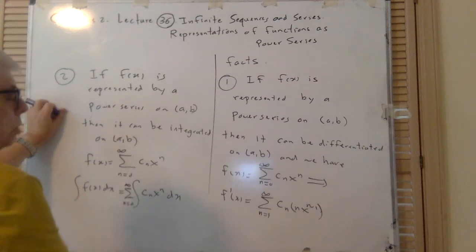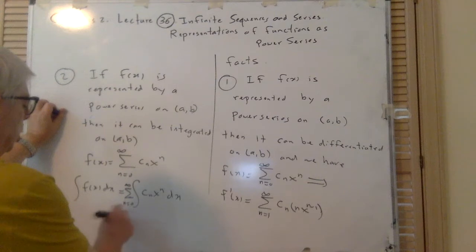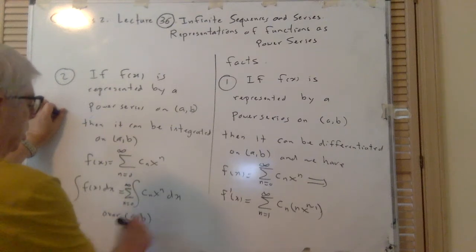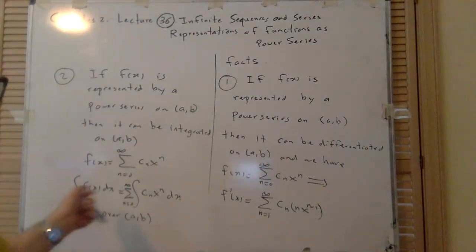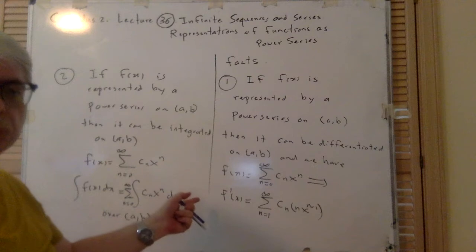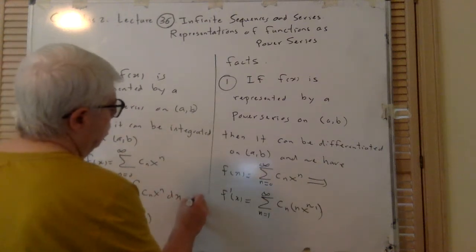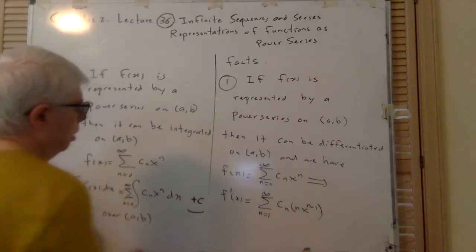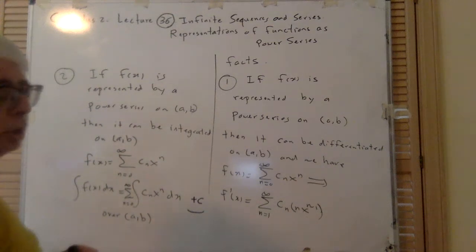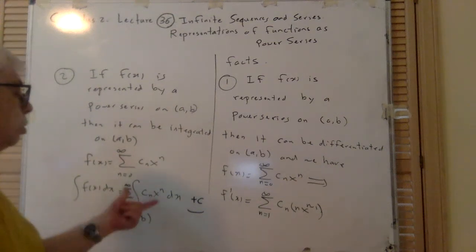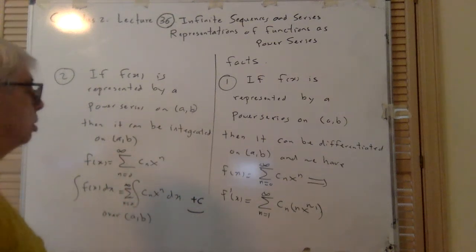In fact the C_n comes out and you have a nice formula over, again, (a, b). Now, when you find the integral, you should write a constant here. If it is a definite integral, then you don't need a constant. Indefinite integral or antiderivative, you need a constant here.